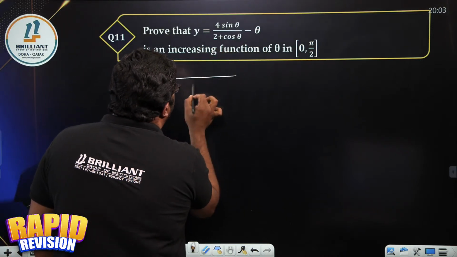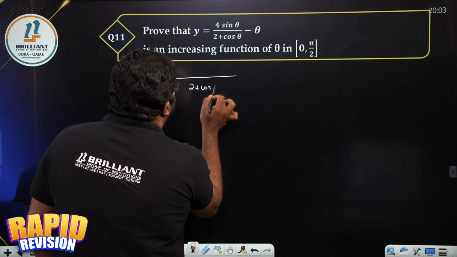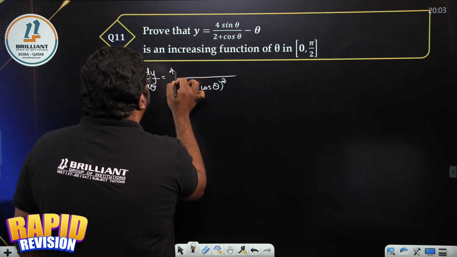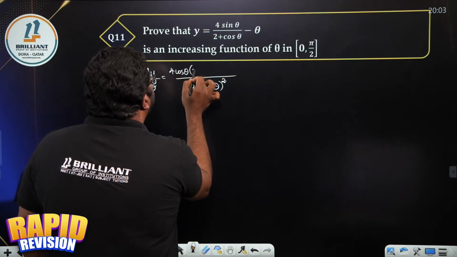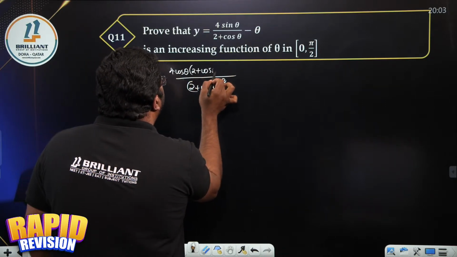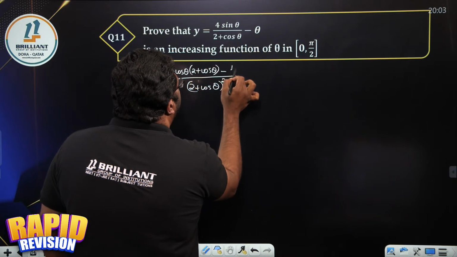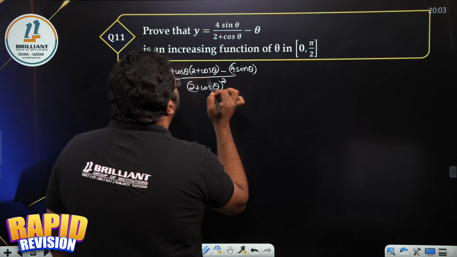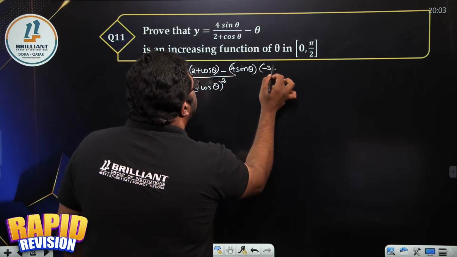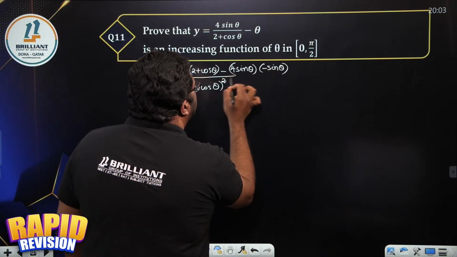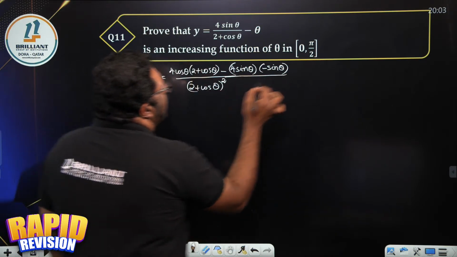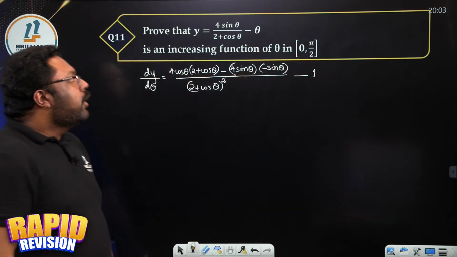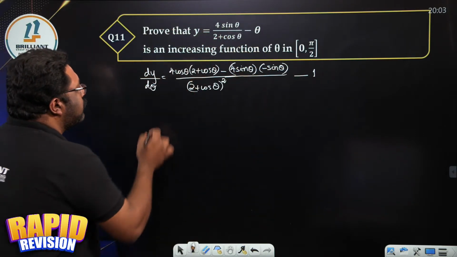Quotient rule. (2 plus cos theta) squared. u dash: 4 cos theta into (2 plus cos theta) minus 4 sin theta into minus sin theta. Okay? Minus, the derivative of theta is 1. For the first term, quotient rule.